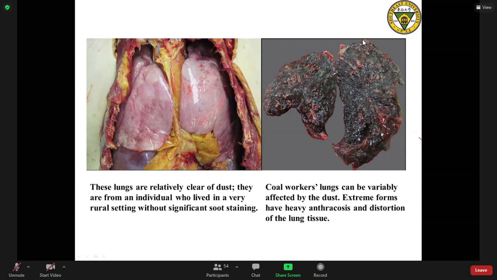But this one, the coal worker's lungs, black area. The lungs may have many fibers and cirrhosis, and the whole structure is destroyed. So we can think about the clinical syndromes, dyspnea. Yeah, many black dust particles are deposited in these lungs. The patient may have dyspnea.